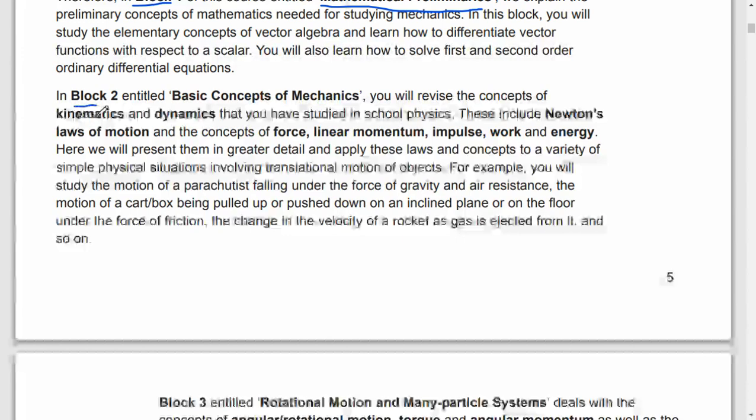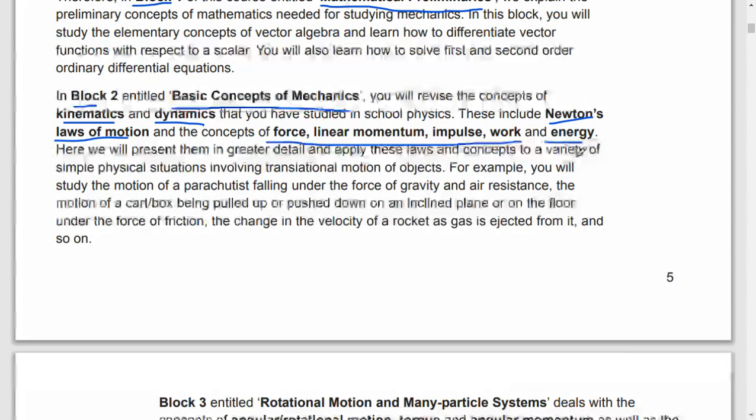In Block 2, entitled Basic Concepts of Mechanics, you will revise the concepts of kinematics and dynamics that you have studied in school physics. This includes Newton's laws of motion and the concepts of force, linear momentum, impulse, work, and energy. Here we will present them in greater detail and apply these laws and concepts to a variety of simple physical situations involving translational motions of objects.